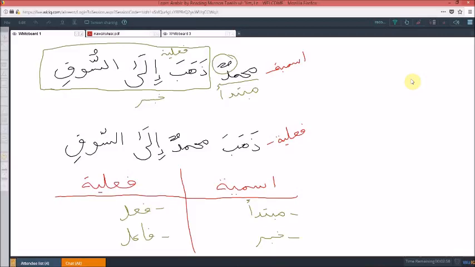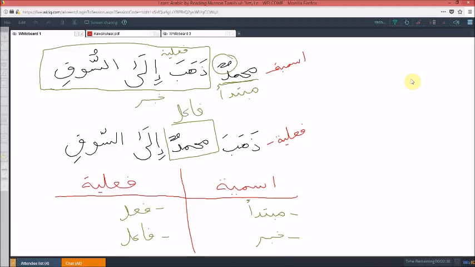Now they mean the same thing. But in Arabic, we're going to talk about them in different ways. This Muhammad here is going to be our mubtada. And this Muhammad here is going to be our fa'il. It's explaining who did.